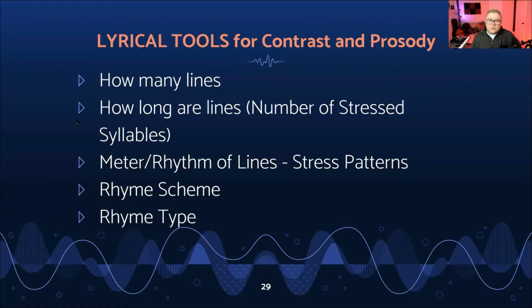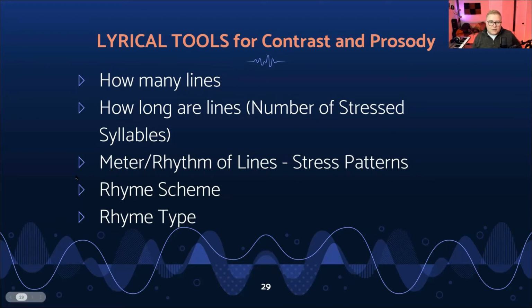So lyrical tools, you have a few things that you can play with. The first one is how many lines there are. So if you had a stable topic, would you have even numbers of lines or odd numbers of lines?